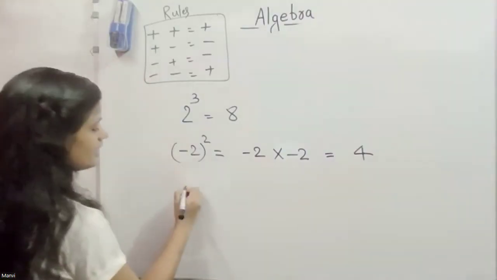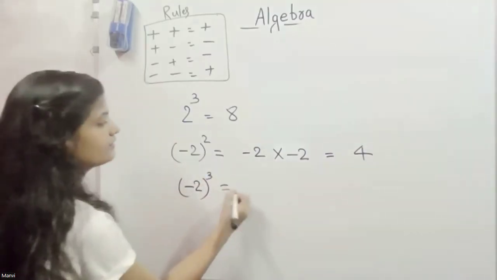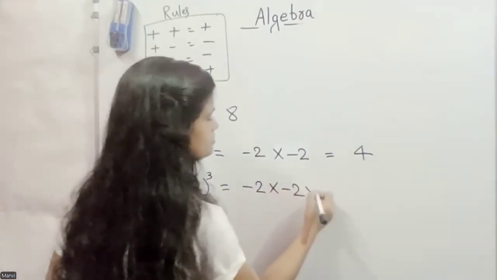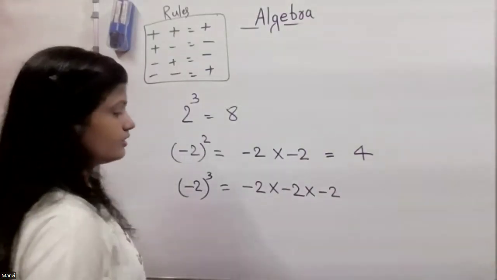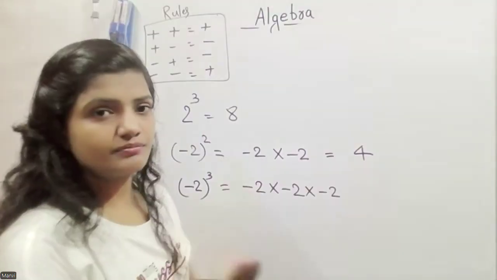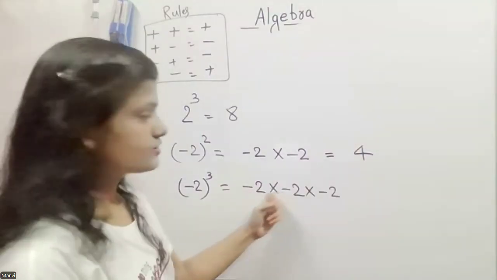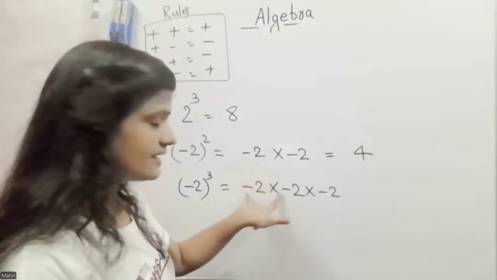Here, if we have this with 3, then this is minus 2 times minus 2 times minus 2. Please look carefully. Listen to me first. This is minus and minus, so this must be plus 4, because same sign.